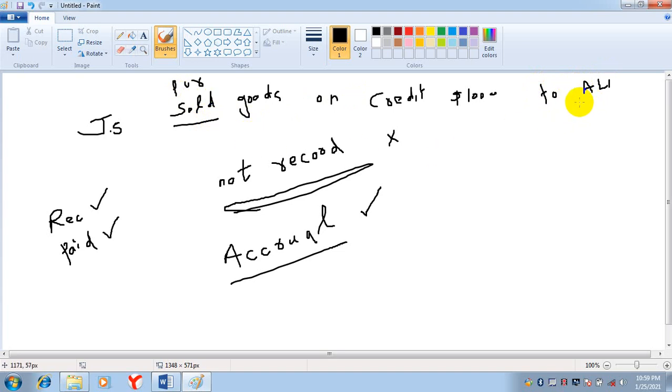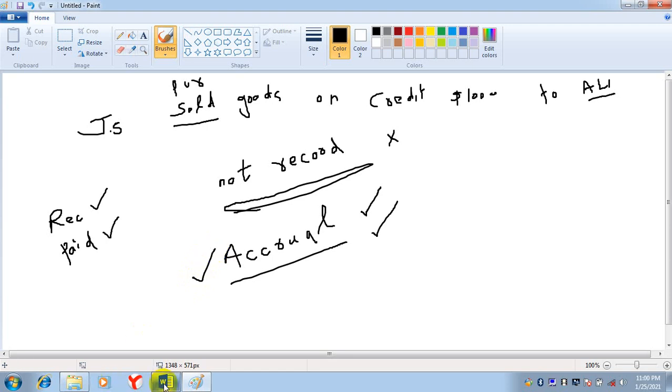Cash is not received, but still we will record this transaction. Purchase goods on credit 1000. You purchase goods, ownership is transferred to you, you didn't make payment, but still you will record this transaction in your books in accrual basis of accounting.